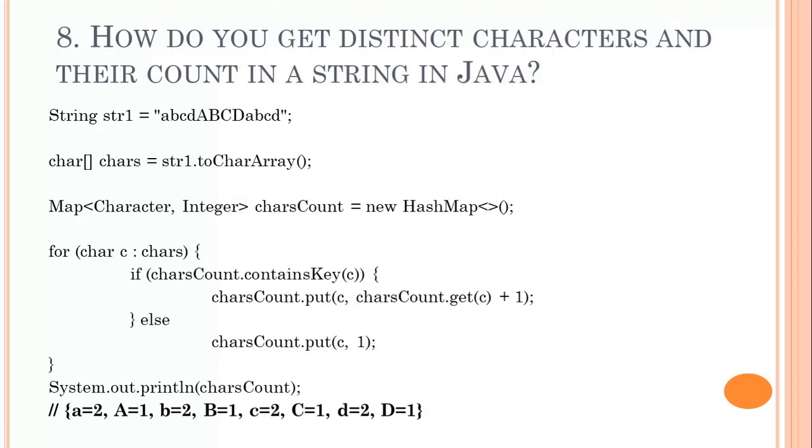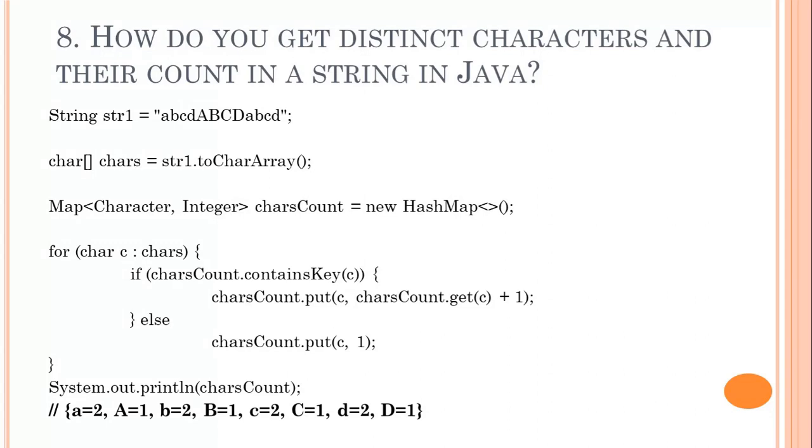In the if block, we put into the map the character, and we get the value for that particular key and increment it by one.